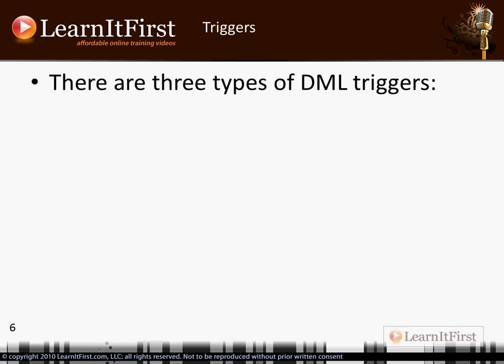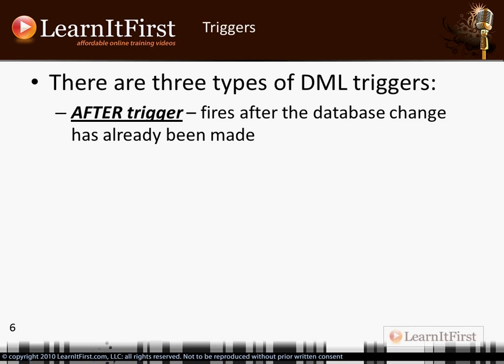Now there are three different types of DML triggers. We have an after trigger. This is going to be your most common trigger for, I would guess, almost everyone, if not everyone, in SQL Server. An after trigger fires, wait for it, after the user has made the database change. We're going to talk timing a couple of videos from now.